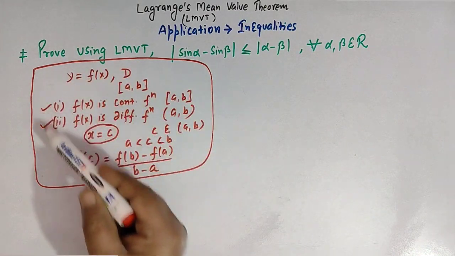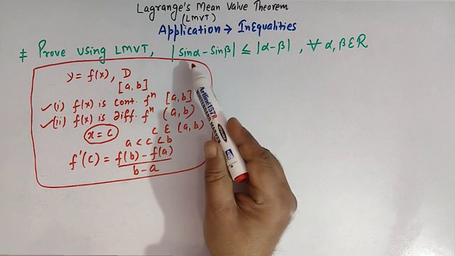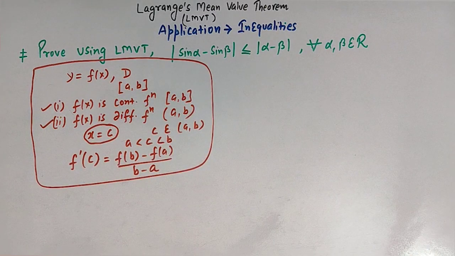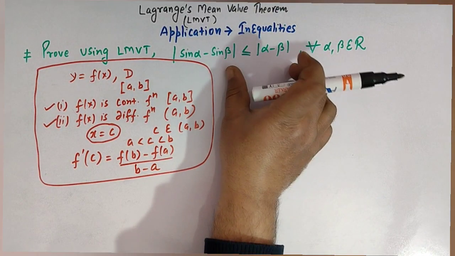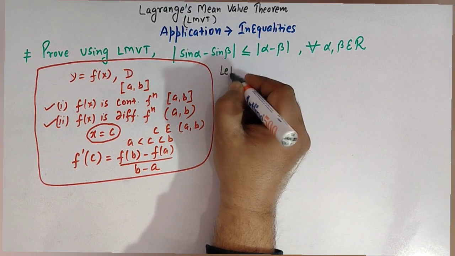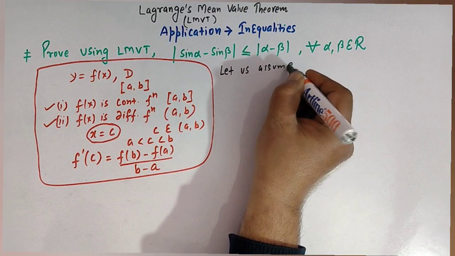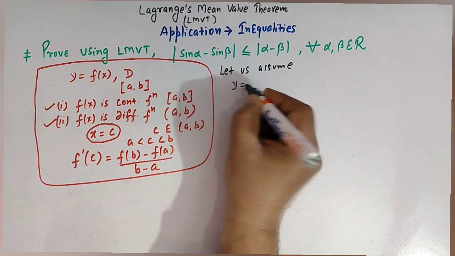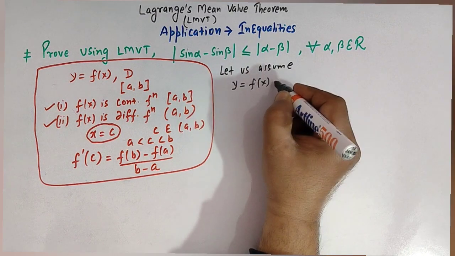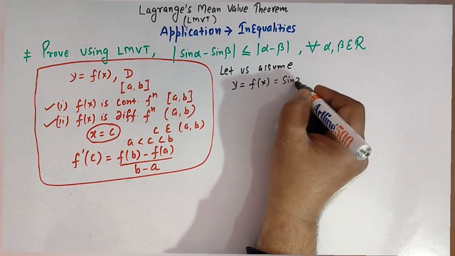So now we'll apply this statement to prove this inequality, and we'll here assume an appropriate function, right? So to prove this inequality, let us assume that we have a function, say y is equal to f of x is equal to sine x, right?